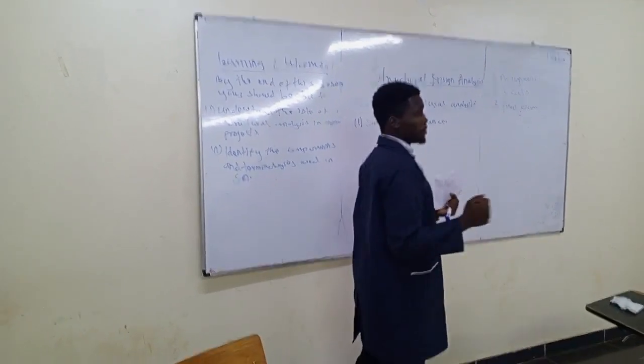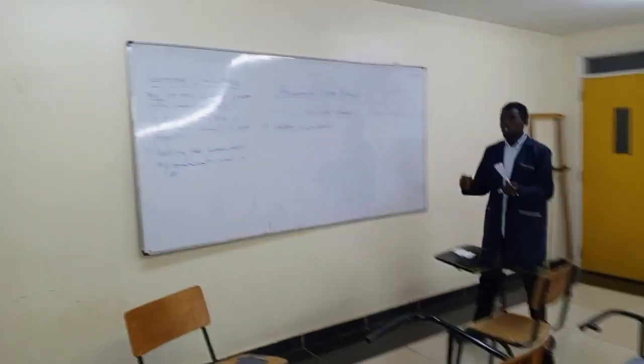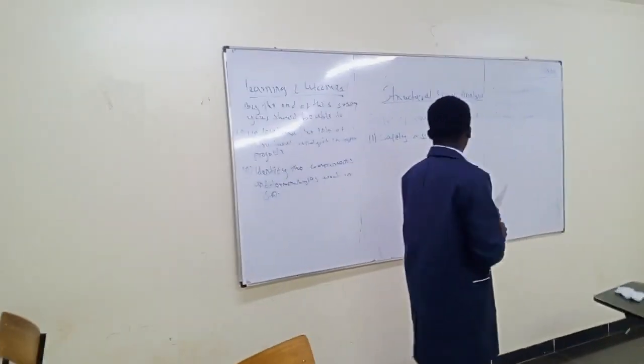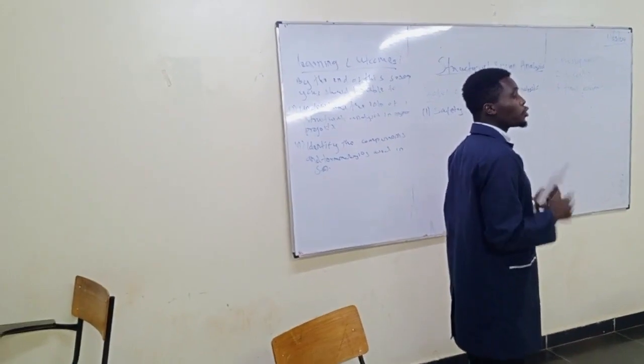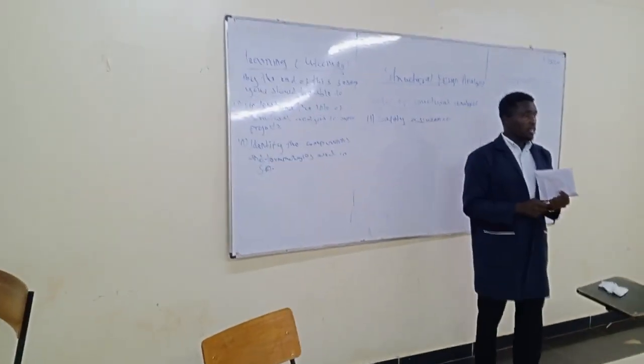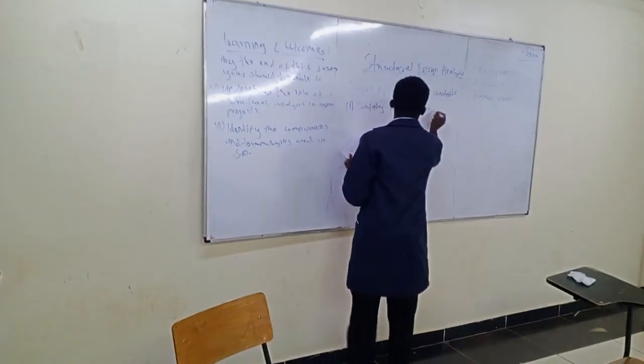A common group. Very nice. So we have safety assurance. The role of structural design analysis is to ensure that the structures we are building are safe for the occupants and even the surrounding people. Are we together? So safety assurance is very key.